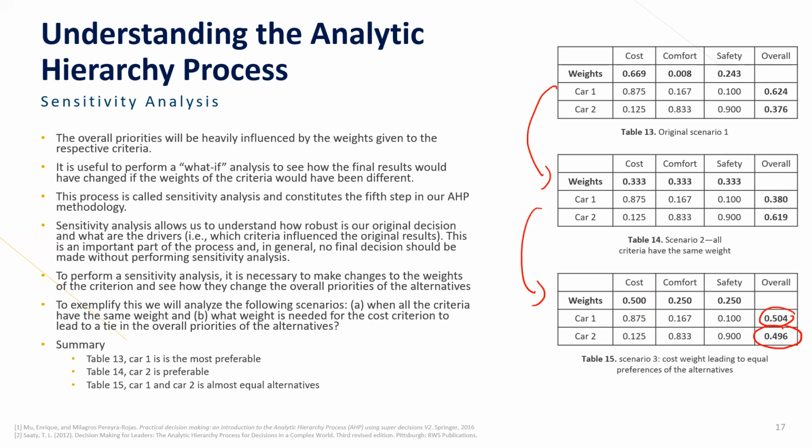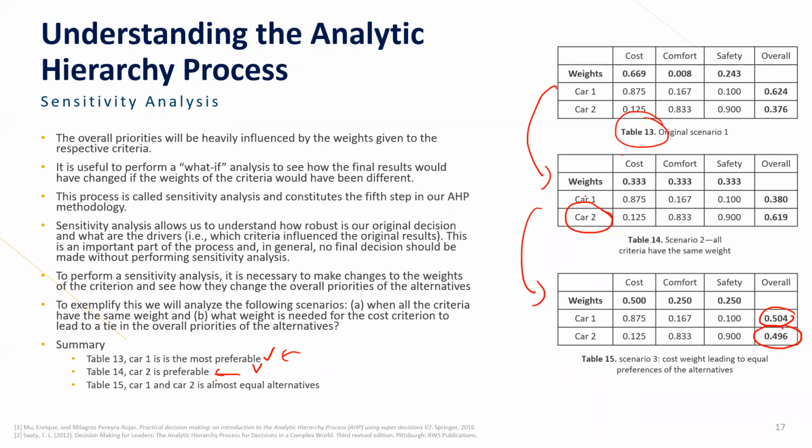Of course, you cannot push people to choose what you want, but you can tell them the result like this. For example, based on table 13, your original scoring, we already know that you prefer cost instead of other factors. It means that car 1 is perhaps the best for you in this condition. However, if you think that all factors should be treated equally, actually car 2 will be more suitable.